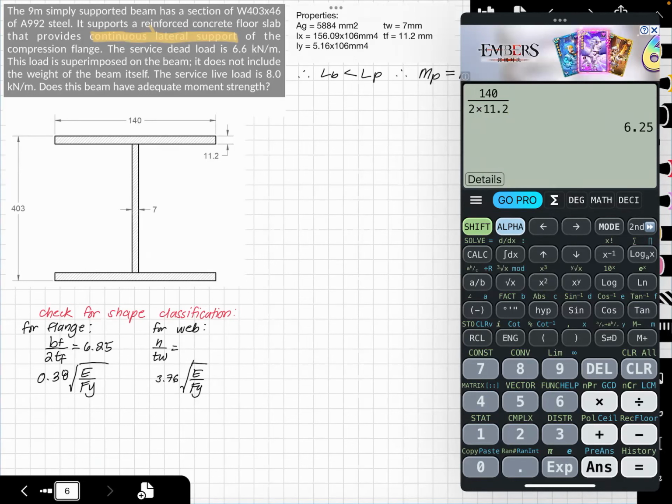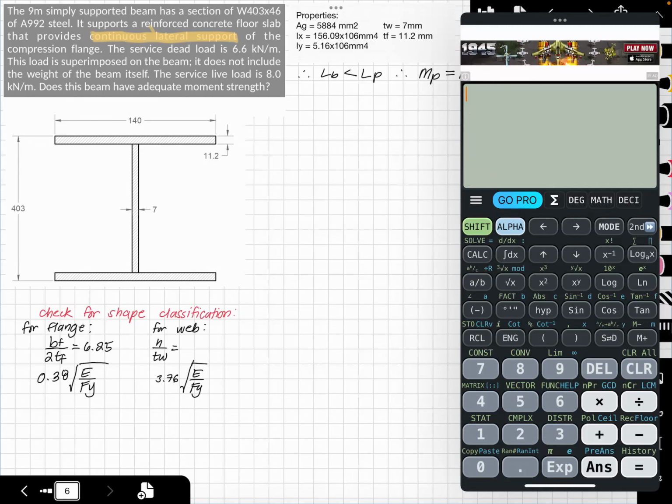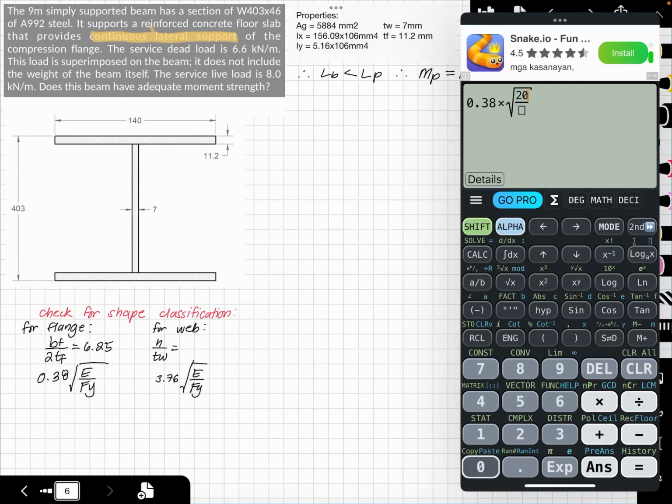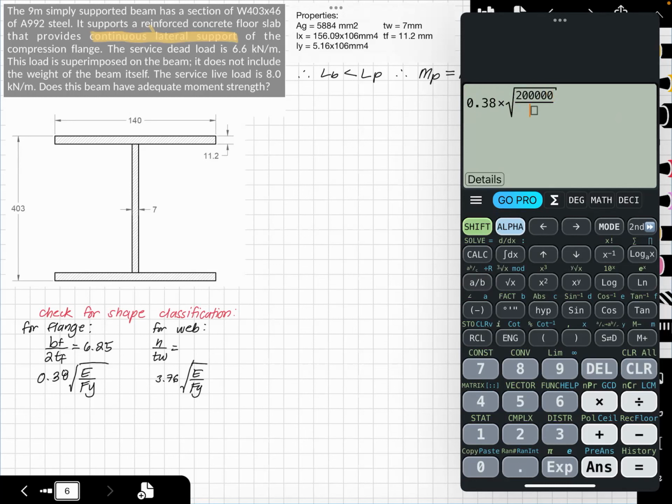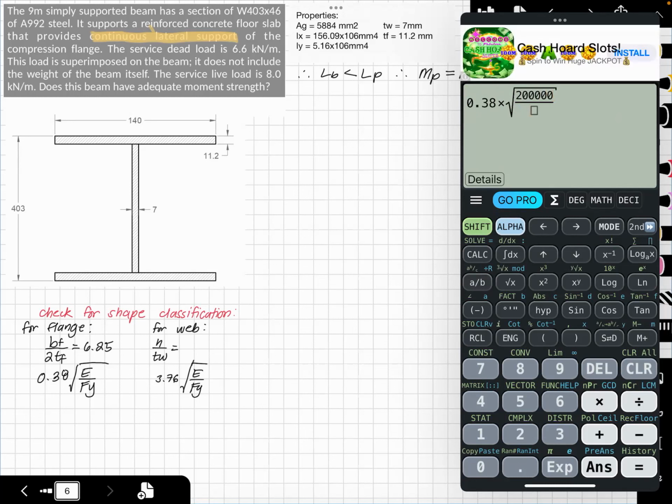Now, for the lambda p, we have 0.38 times square root of E, which is 200,000, all over Fy, which is, I think Fy is 345. I forgot to write it here lang.